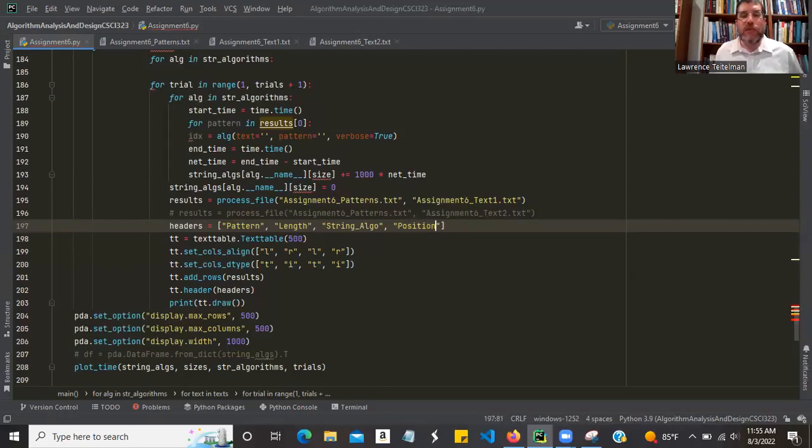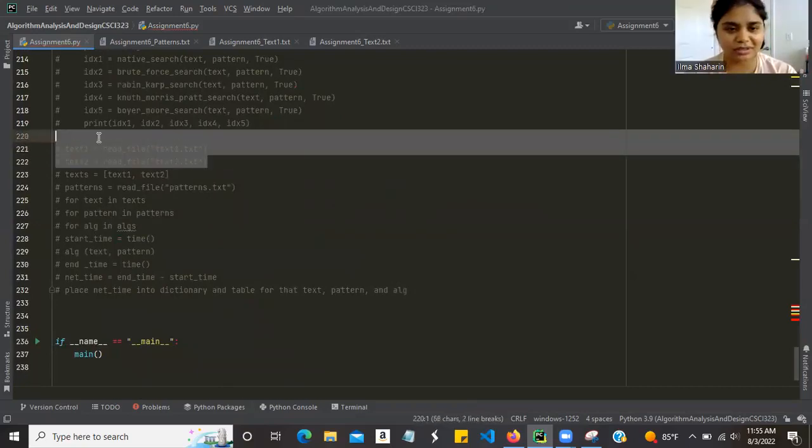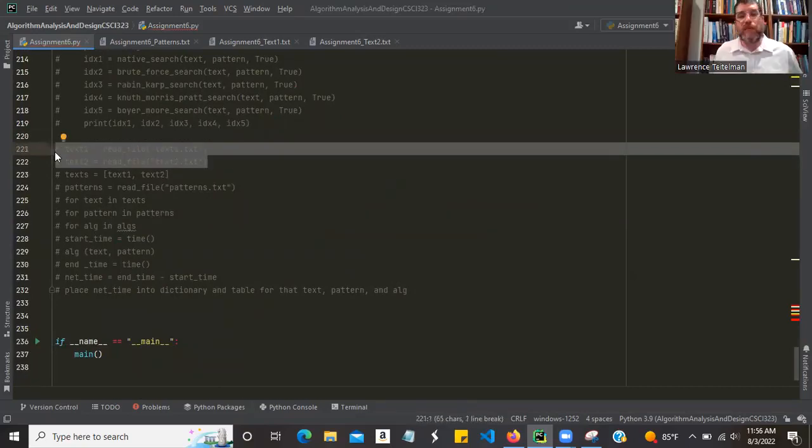All right, we also want to know which text it is, right? When you're building this table, unless you have 2 separate tables, we could say text, call it text 1 or text 2. I would put that at the beginning so we know which file it is. I'm saying you want to know, let's say, the file name.